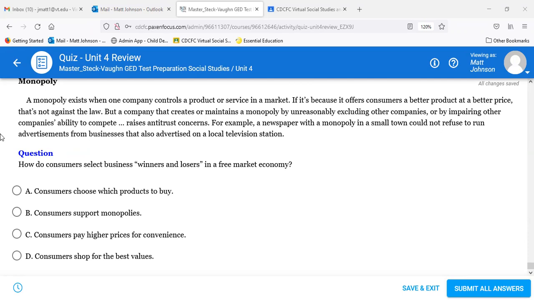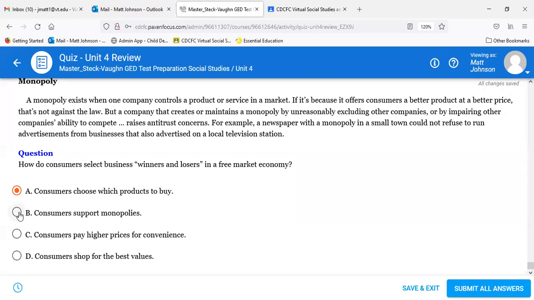A, right? That's choosing winners and losers for whatever reason. So if I buy a Subaru over a Ford or a Toyota or a Honda, maybe it's because I like the features or whatever. That's what drives competition. If Ford wants my business, they need to make a vehicle more suited to what I want at a cost that I can afford, right?